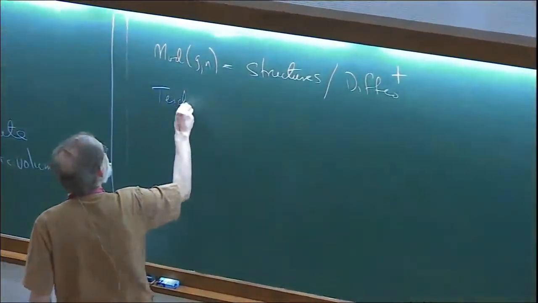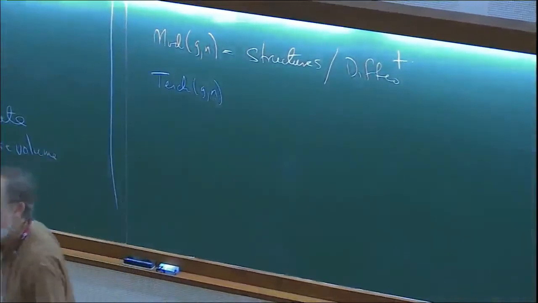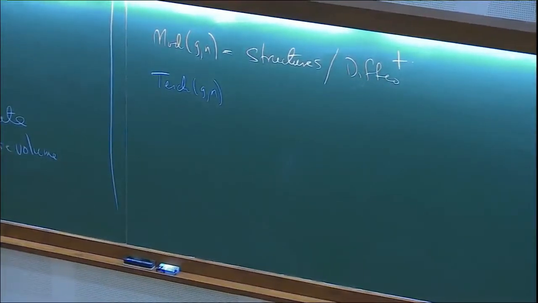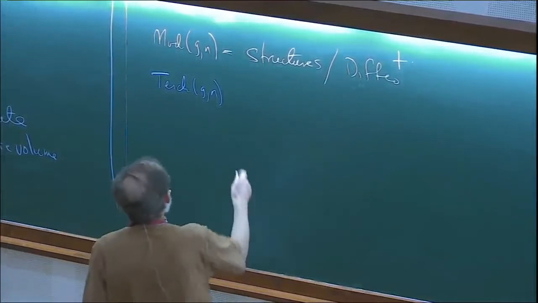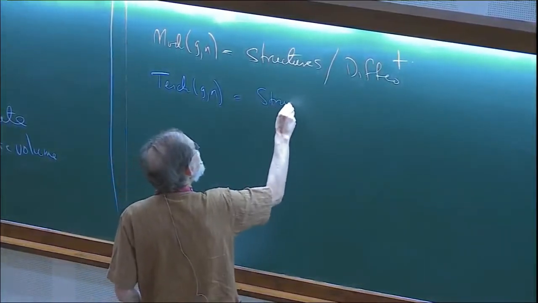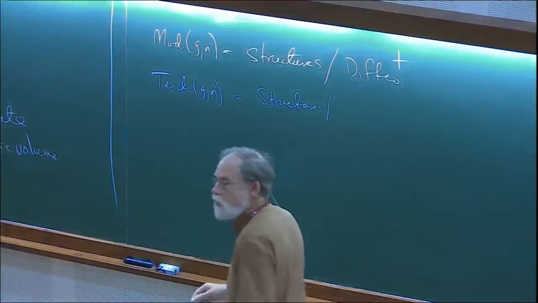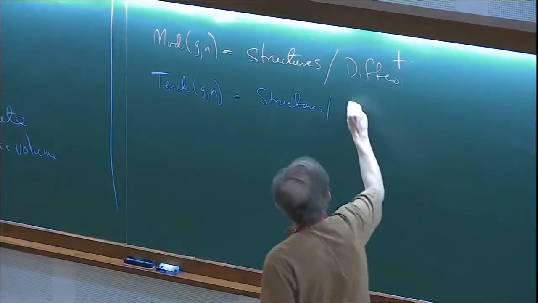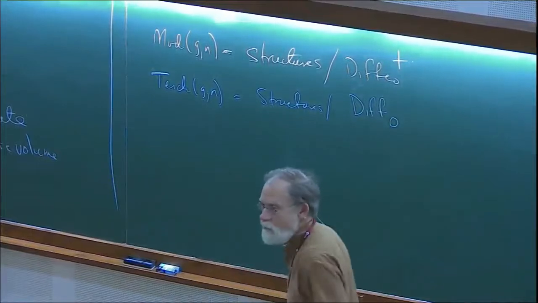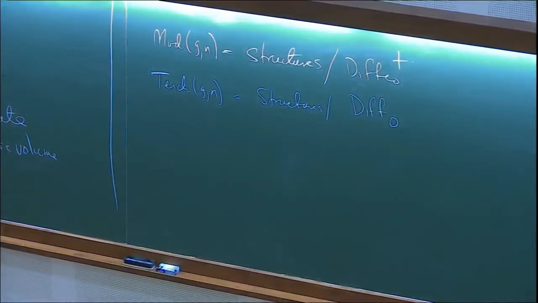And then the Teichmüller space is the same idea, but you're a little more selective about which diffeomorphisms you use. I'll put a subscript 0 there, which is meant to indicate that I look at the component of the identity in the diffeomorphism group. And this time I don't have to specify orientation preserving, because that will come for free if I stick in that component.